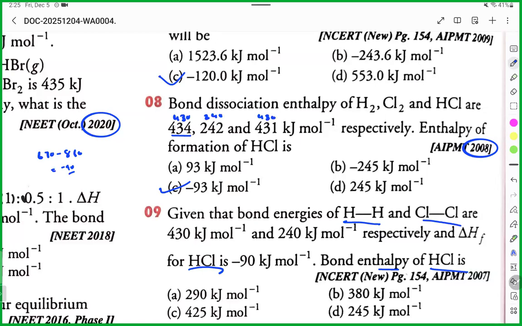So 240 plus 430 is 670. Option D. And double of this because the product is double the amount, so 860 minus this around 90. You have only one option. Even if you take 100, it will be the same answer. नहीं सर गलत आ रहा है. मेरा 676 minus 431 करना है. Everybody got the same answer? Yes, sir.